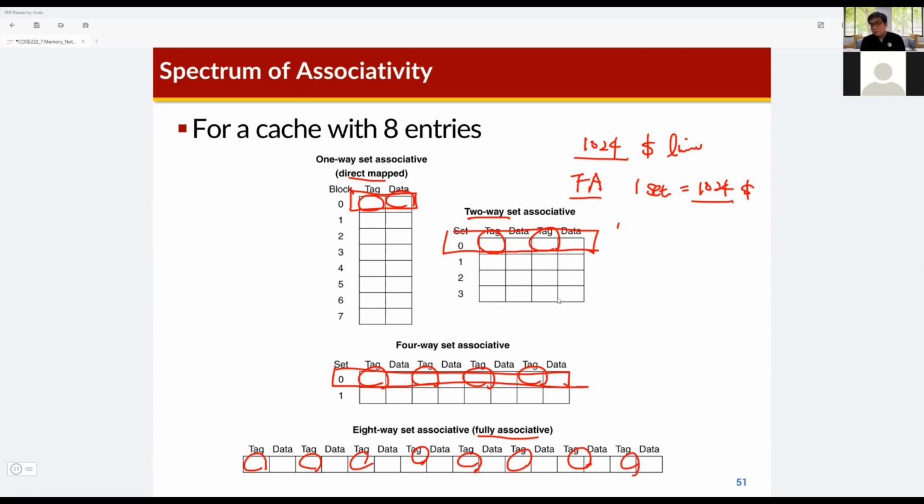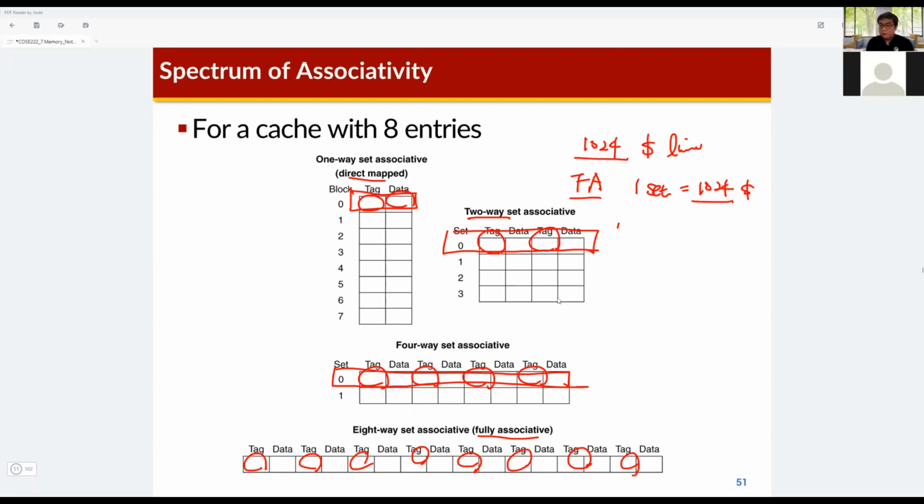So if there are any empty cache lines in the fully associative cache, this data can be allocated to any empty space. But I also explained that the fully associative cache is expensive compared to the direct mapped cache.